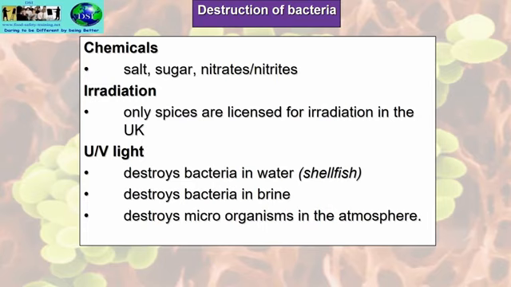Ultraviolet light is used in quite a few industries, especially in the shellfish industry. It destroys bacteria in water, destroys bacteria in brine, and it destroys microorganisms in the atmosphere. You might have seen, as an example, the new hand dryers you find.